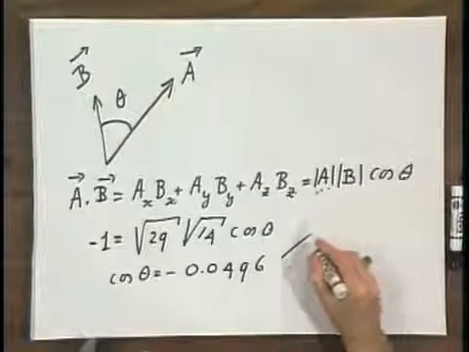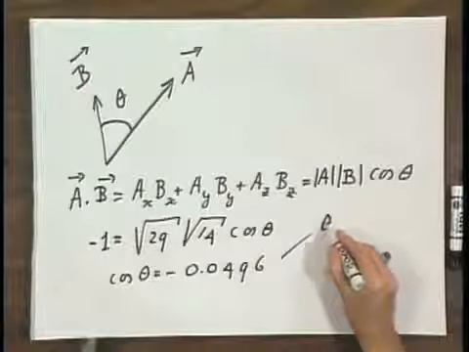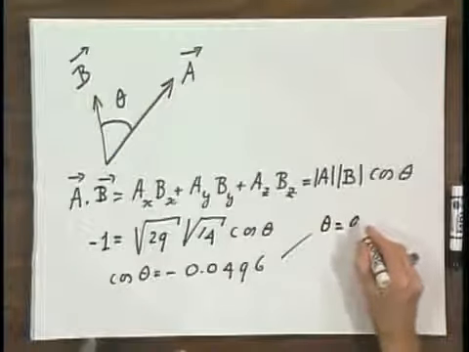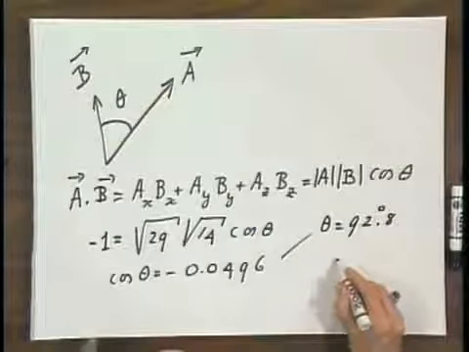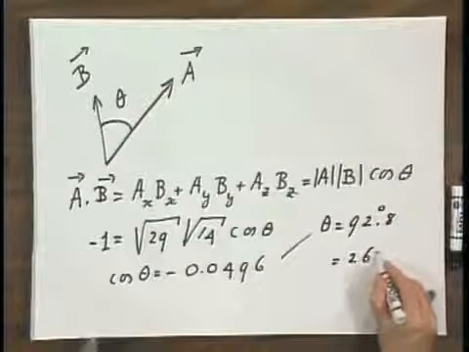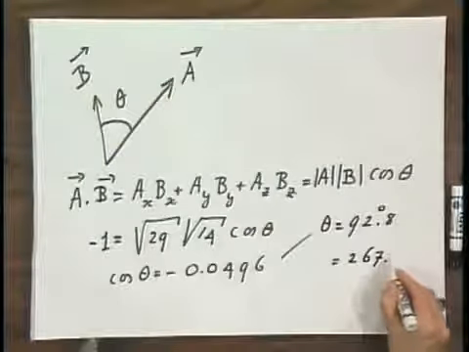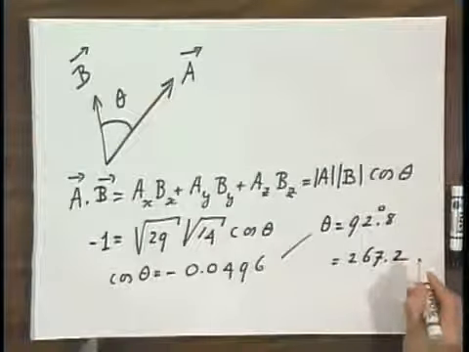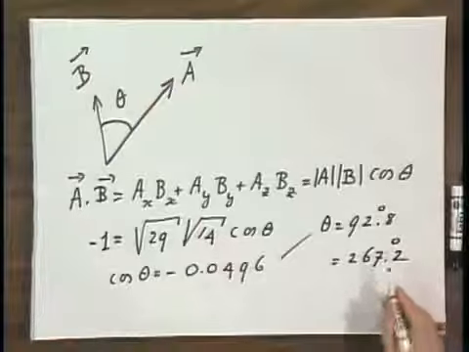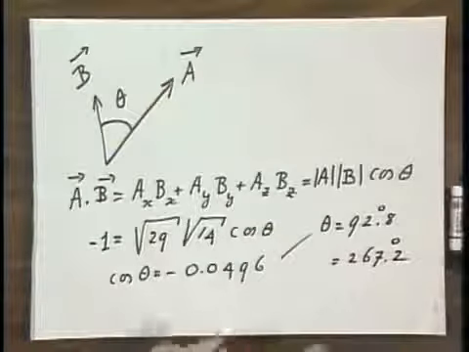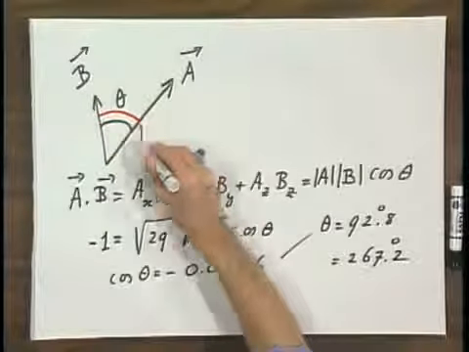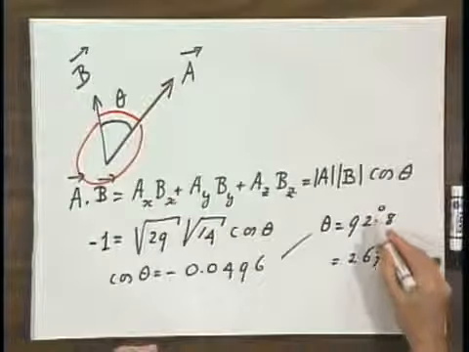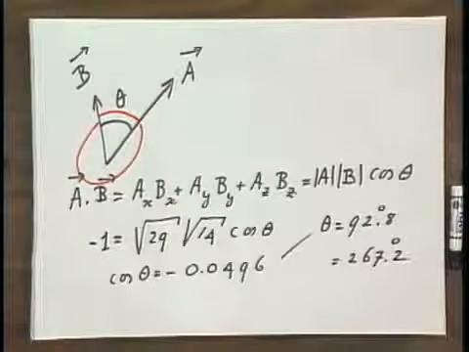That gives me two values of theta. You always get two values, 92.8 degrees, and I find 267.2 degrees. It shouldn't surprise you that you get two angles. One angle is this one, and the other angle is this one. Notice that the sum of the two is 360 degrees.